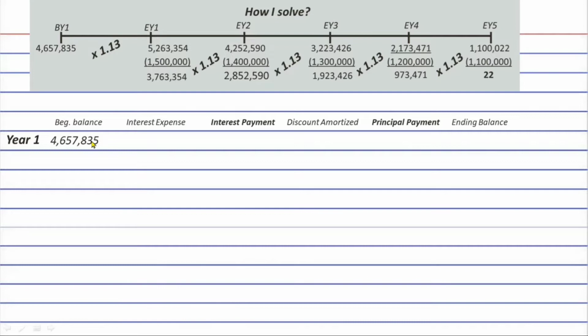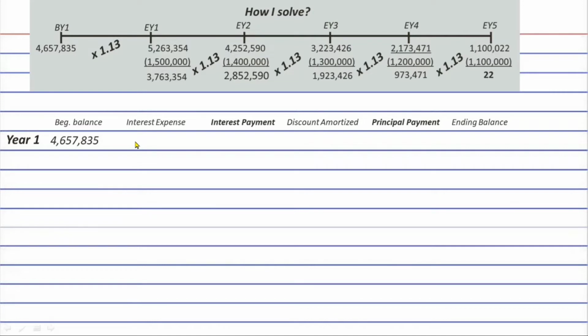Now, let's go to the second column. The interest expense is this beginning balance, or beginning carrying amount, times the effective rate, which is 13% as given in the sample problem. But let me remind you that if the effective rate is not given, then you will need to do the trial and error and interpolation.